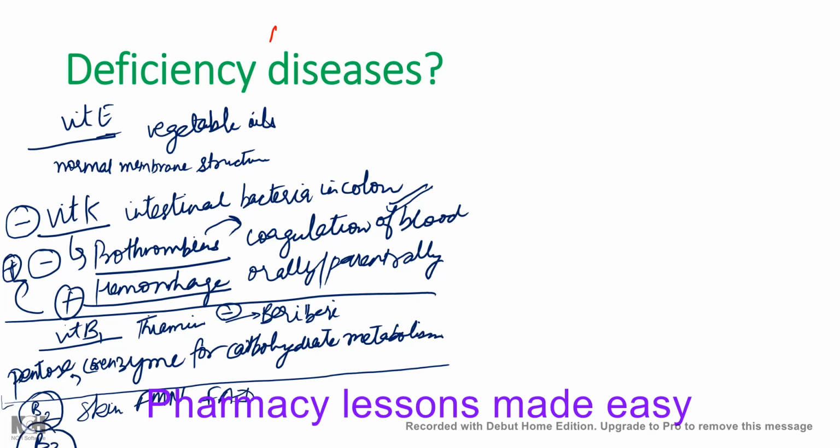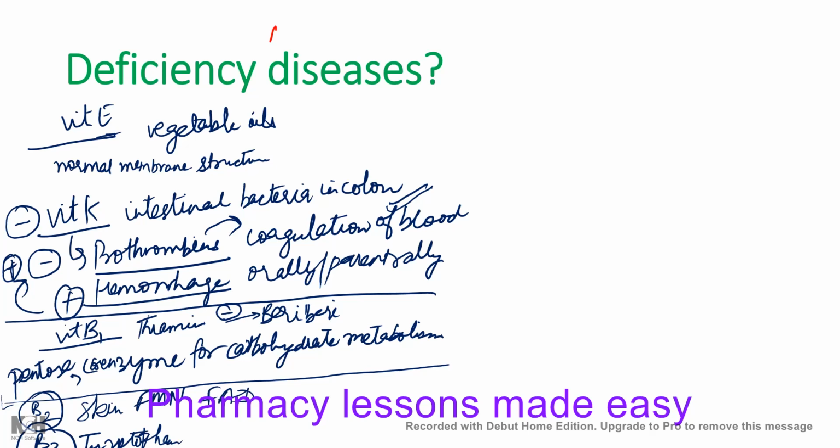It is actually synthesized in the body from an amino acid, main source tryptophan. B3 is synthesized from tryptophan.